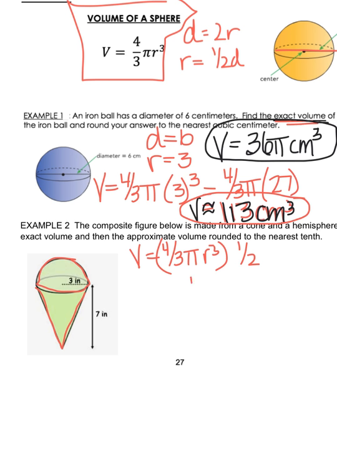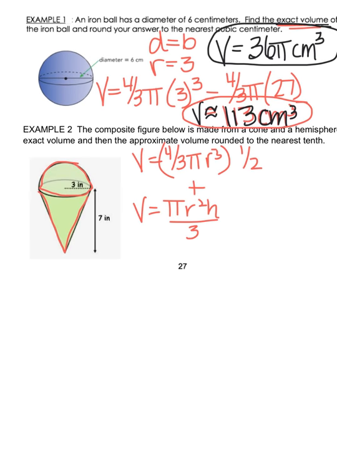And then to that, I'm going to add the volume of a cone. And remember, that is pi r squared h divided by 3. So let's find the hemisphere, then the volume of the cone, and then we will add them together.